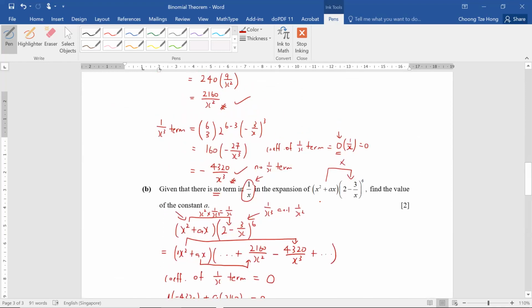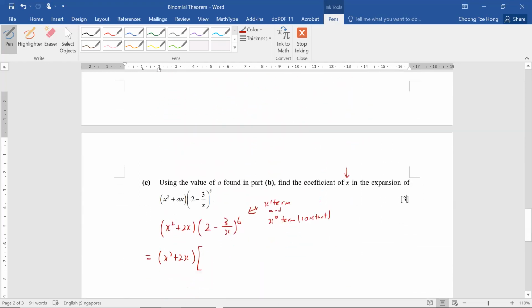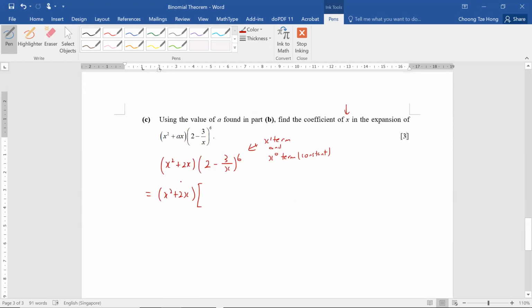So we are going for 6 choose 0 and 6 choose 1. In other words, the first two terms are 6 choose 0, 2 to the power of 6 minus 0, minus 3 over x power 0, and then the 6 choose 1 term, power 1, then dot dot dot. These are the two terms that we need.